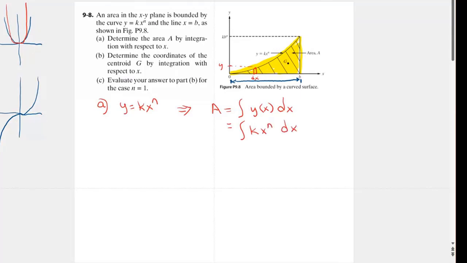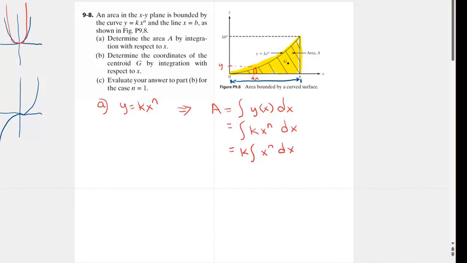K is going to have to be a constant because we're just multiplying by some value. And when we're taking the integral, we can take the constant outside of the integral. So this is the same as k times the integral of x to the n dx, where n is some exponent.